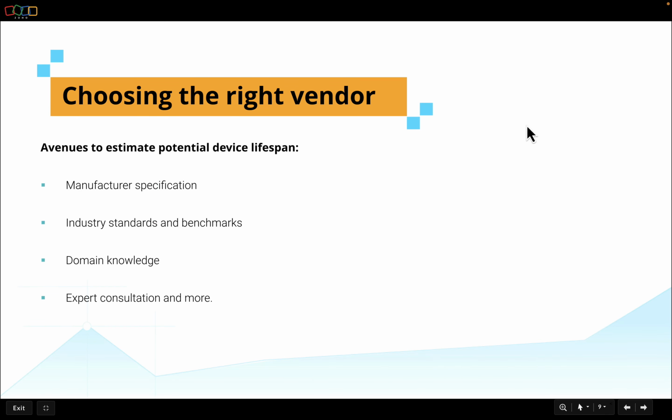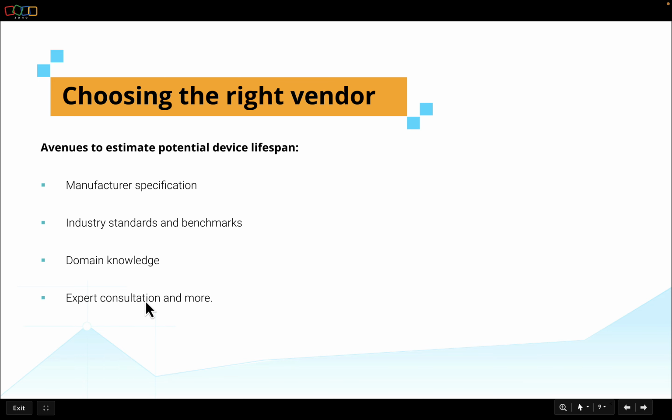NOC teams can get an idea of a product's lifespan by carefully analyzing one or more aspects among manufacturer specification, industry standards and benchmark, your IT domain knowledge, and expert consultation with people who are subject matter experts in IT and IT ops domain.